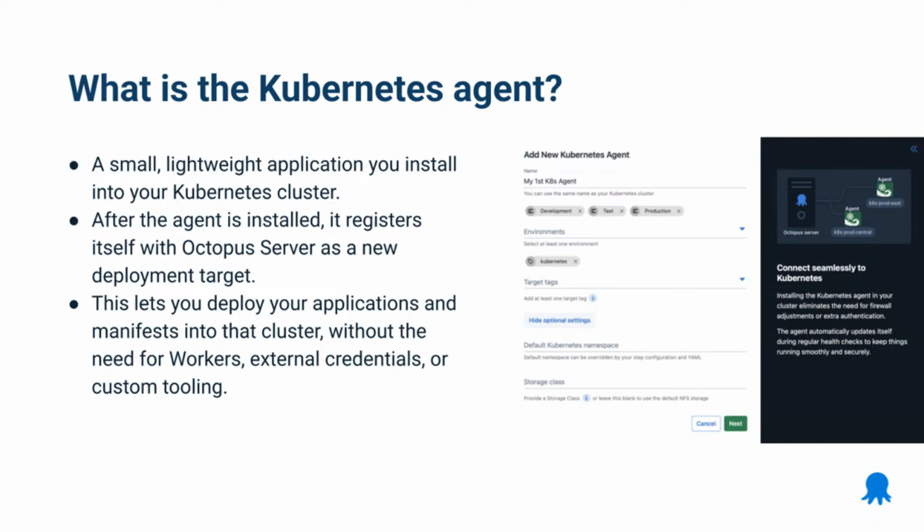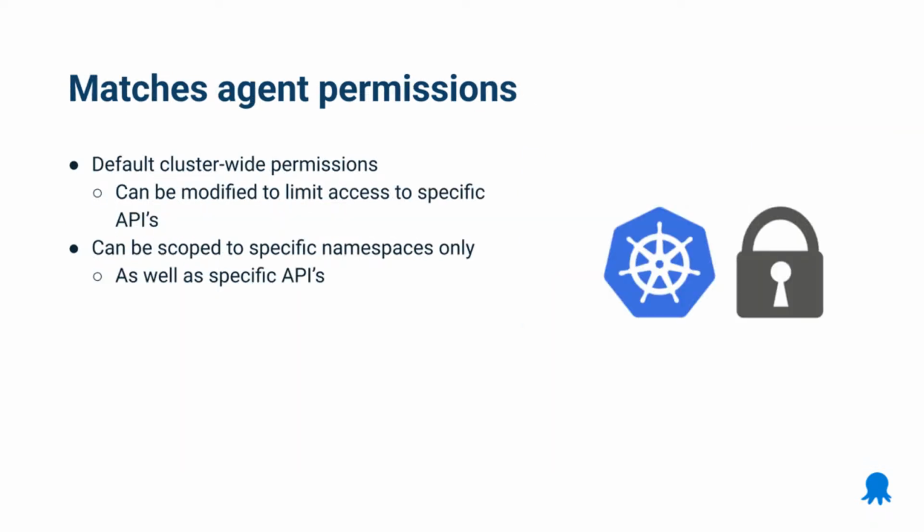Once it's installed within a cluster, it reaches out and registers itself with the Octopus server, and it ends up as a deployment target in your Octopus Deploy environment. And this lets you deploy applications, manifests, all of that, and manages all the credentials and the custom tooling to make deploying into Kubernetes easier.